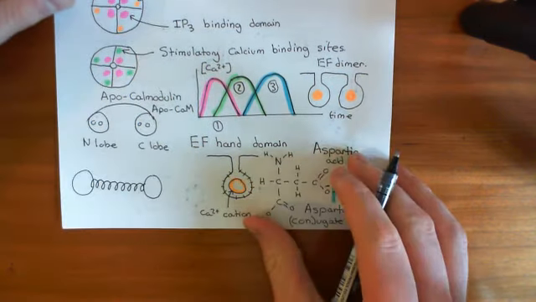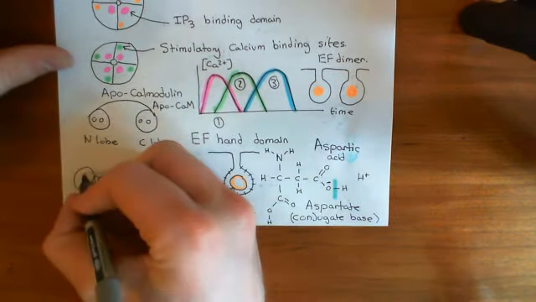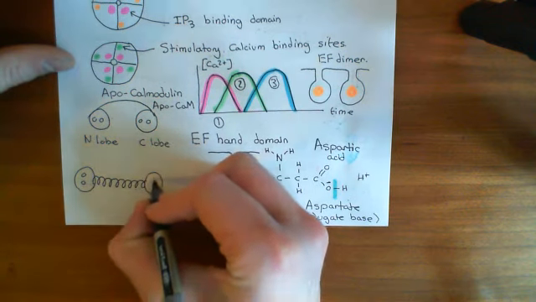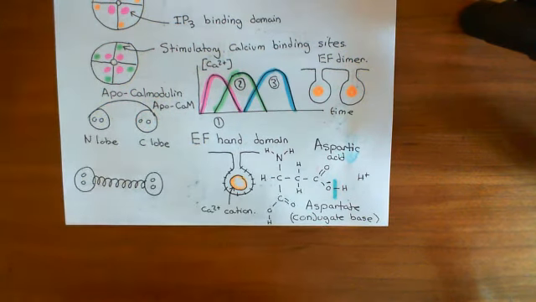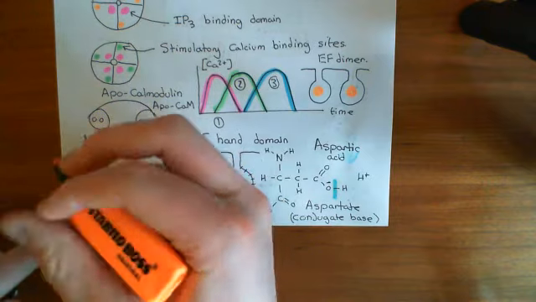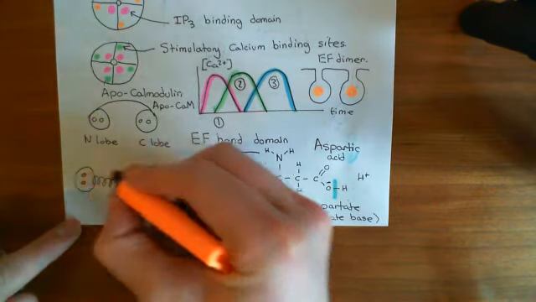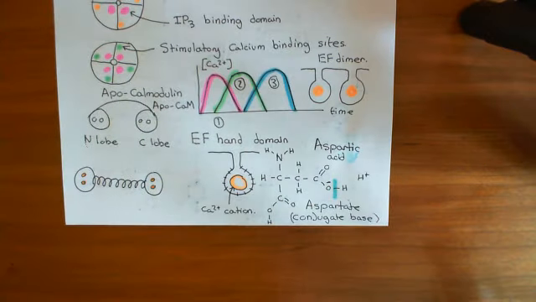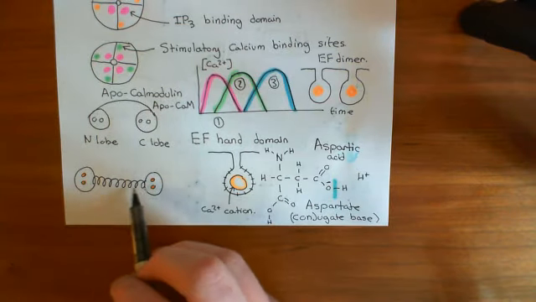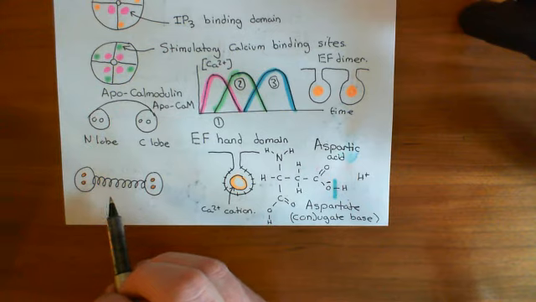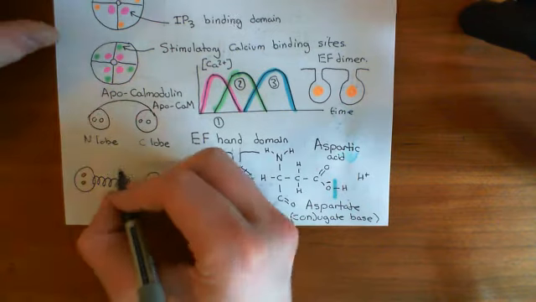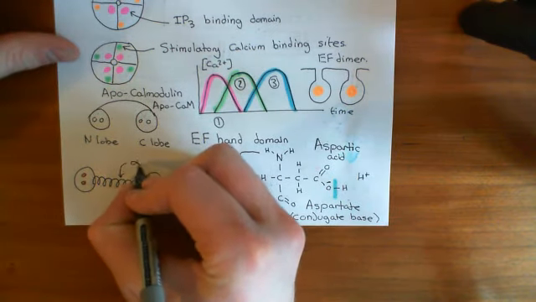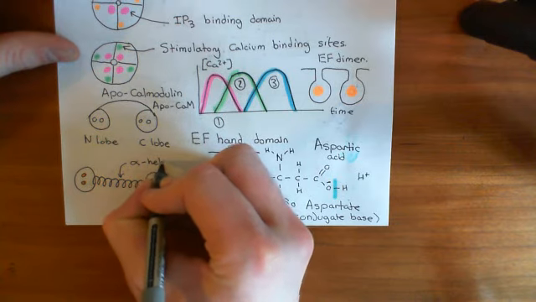Okay, so there's the alpha helical structure between the two lobes of calmodulin, which now have calcium bound to them in these calcium binding sites. So you've got calcium in these calcium binding sites here. And that means that the lobes spring apart in this way, and the linker between them gains this alpha helical structure. So this is an alpha helix, a secondary protein structure.